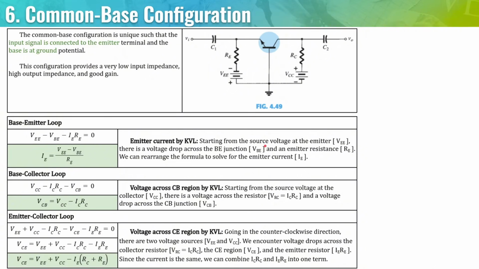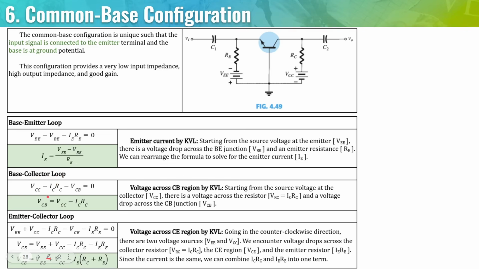Starting from the source voltage at the emitter, there is a voltage drop across the BE junction and an emitter resistance. We can rearrange the formula to solve for the emitter current. Again, remember, source minus drop over resistance.